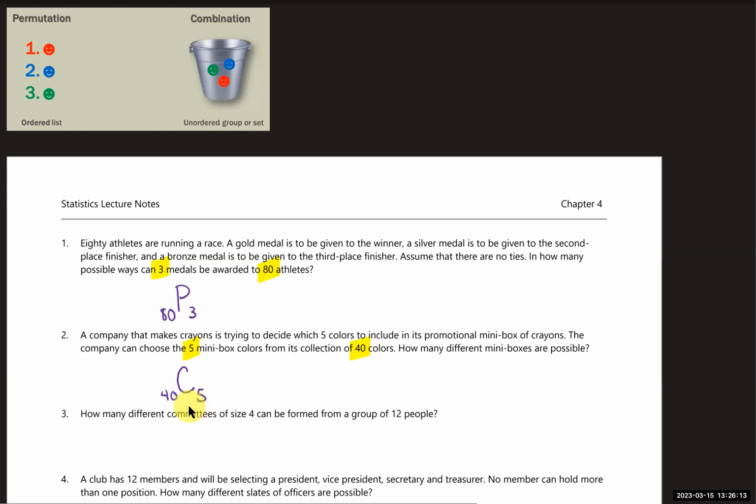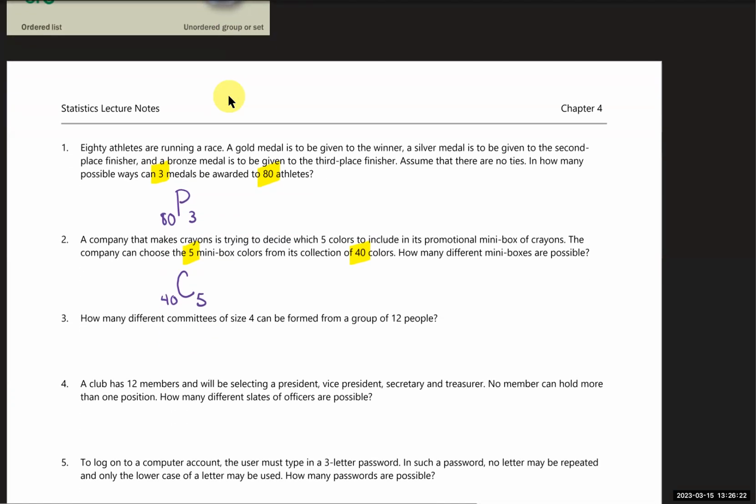There's no positioning or ranking of them. Again, that's like a group of people here on a team together. So a committee, if no positions are mentioned like chair, co-chair, it is a group of equals. So from the 12 people, we would be choosing 4 to serve on the committee.